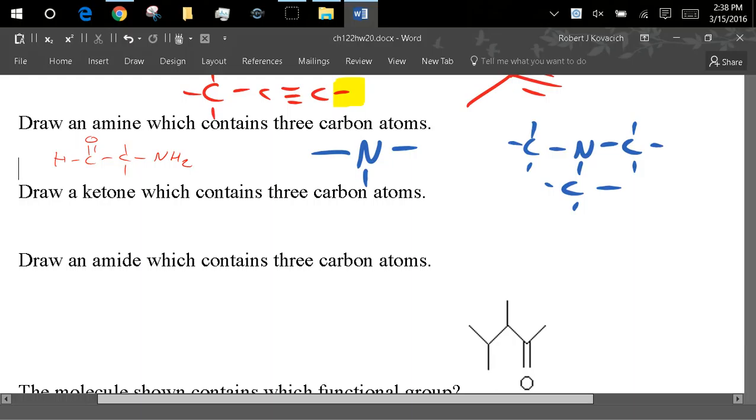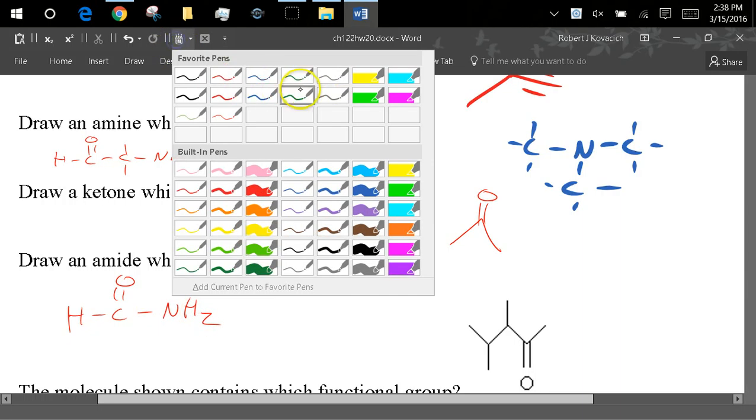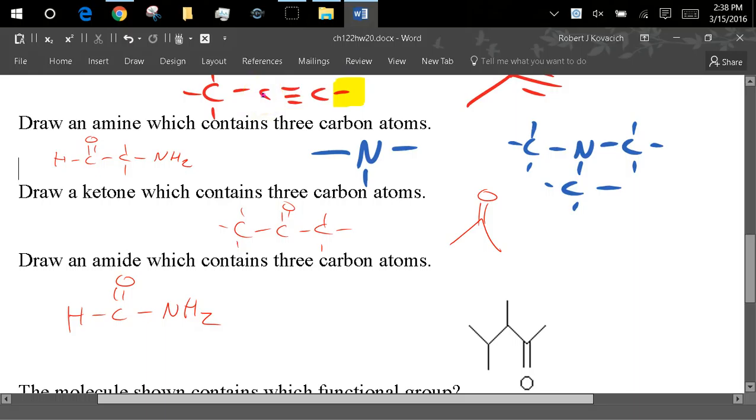An aldehyde. Ketone. Either of those? Do we see the difference between those two? What's the important structural difference between those two?